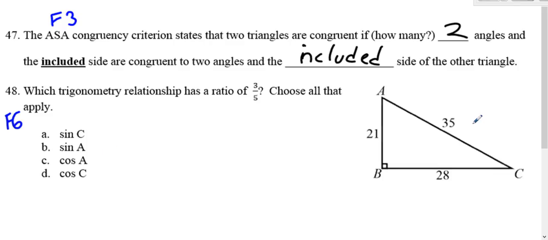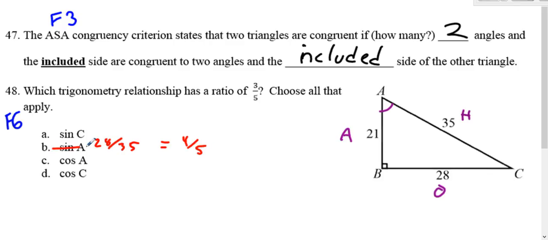For 48, it's just a basic sine and cosine question. From angle A over here, we'll start with that. This is opposite, adjacent, and hypotenuse. If we were doing sine of A, that would be 28 over 35, which is 0.8, or 4 over 5 if you reduce it.